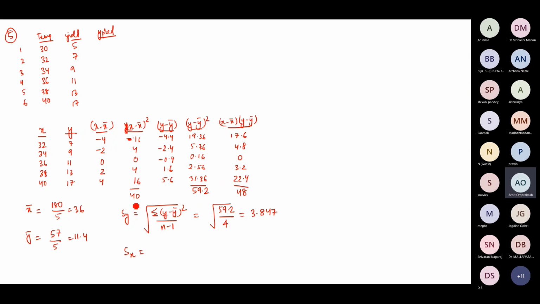Sx is given as the root of summation of x minus x bar whole square divided by n minus 1. This is 40 divided by 4, root over, which is the root of 10, which is 3.162.